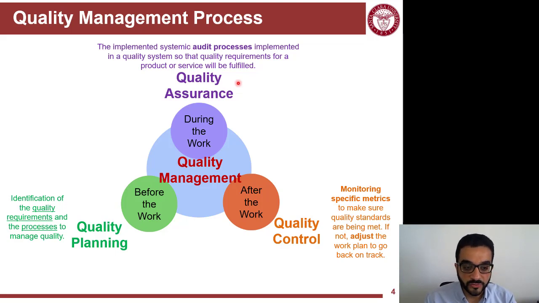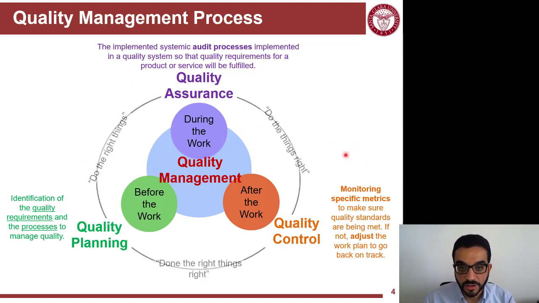So here you have to set quality requirements and processes. Then you need to take samples after the work, but in between you have to audit the process. You have to make sure that everything is followed and your threshold is satisfied. So kind of this is the work or the cycle here.